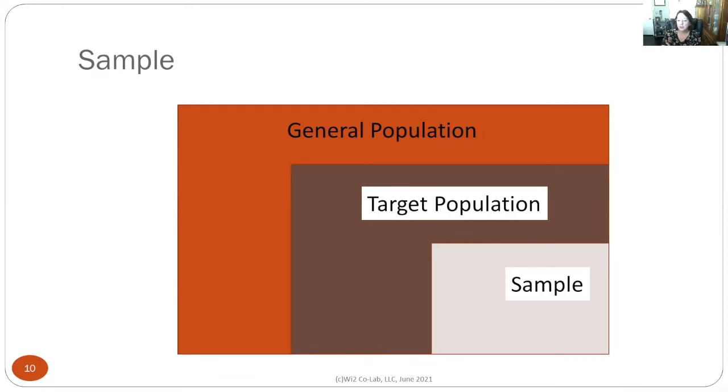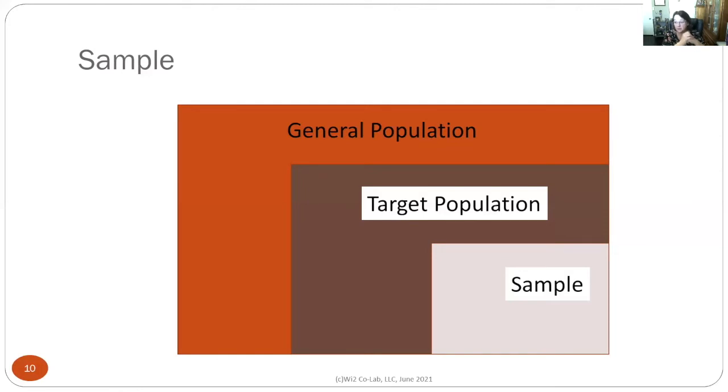So the general population are who you're trying to really understand. Your target population would be a subsegment of that. And then your full sample are those that participated.